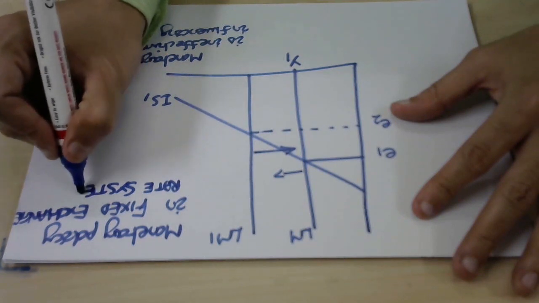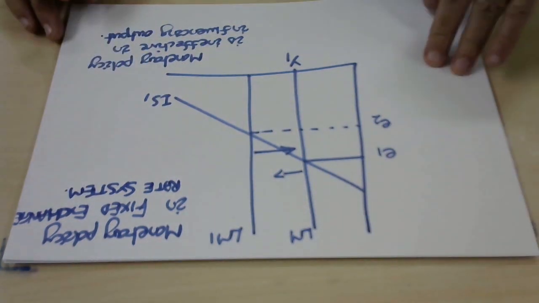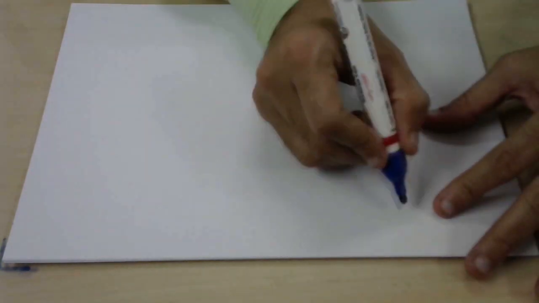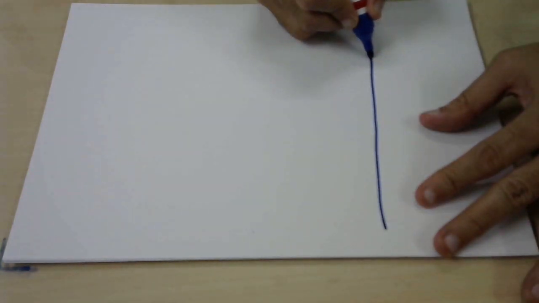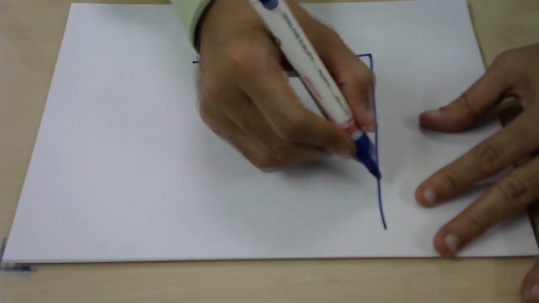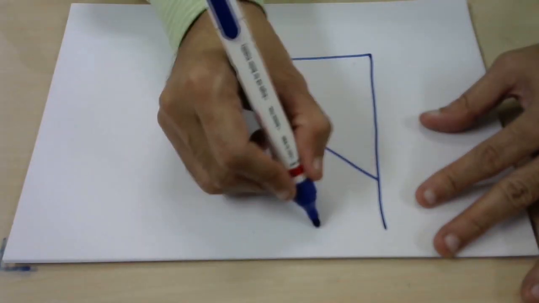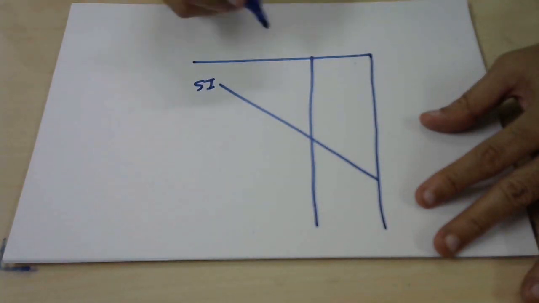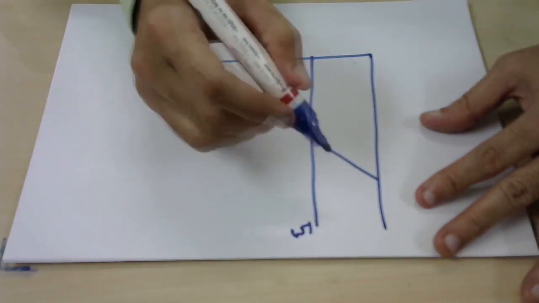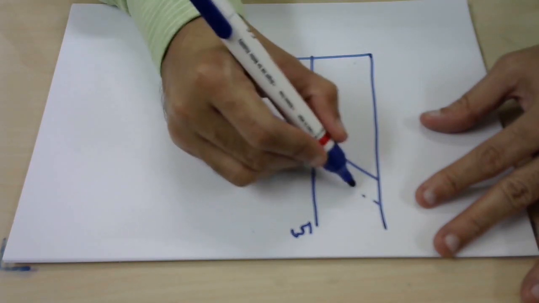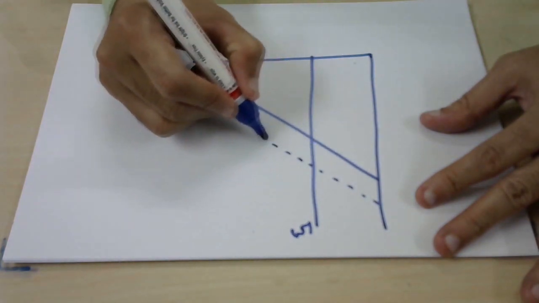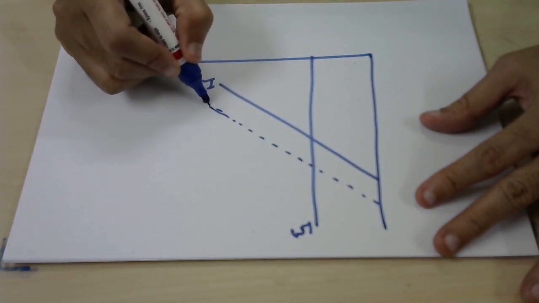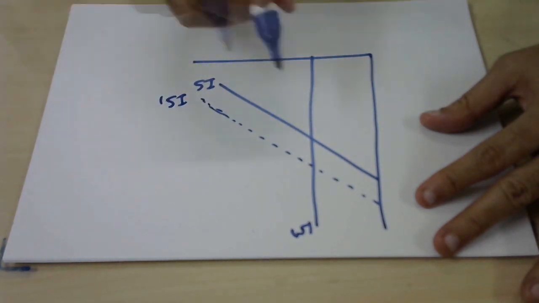Okay. Now let us consider trade policy in a fixed exchange rate system. Trade policy here means a restriction of imports. So this was my IS curve and this was the LM curve, and the restriction of imports leads to an increase in net exports, and so let it be IS1.